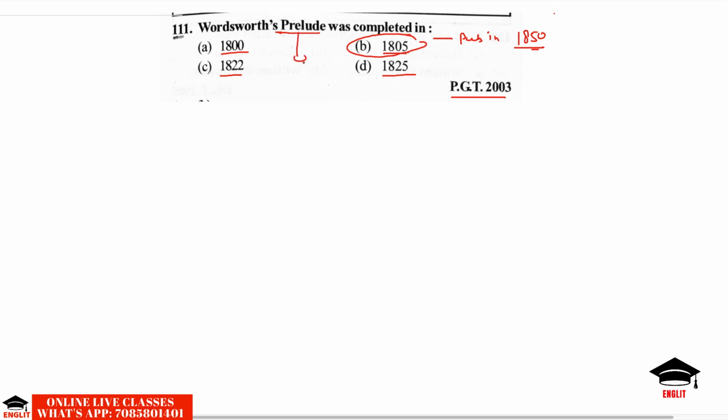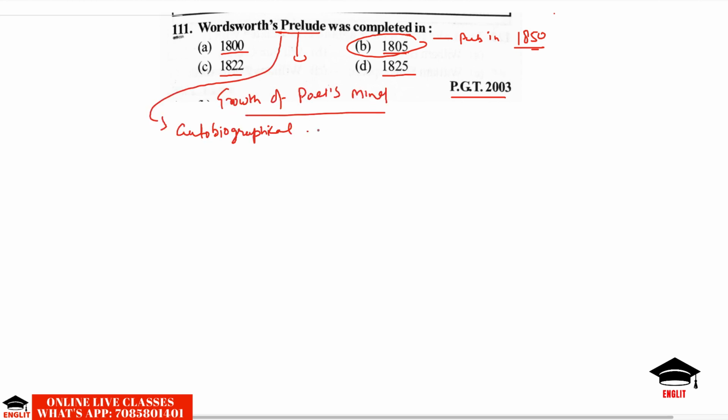Prelude is also called Growth of a Poet's Mind. This is the subtitle. This is autobiographical and it was written in blank verse and it is addressed to, this is an important fact, S.T. Coleridge. So there can be a question as to who was addressed in the poem The Prelude. So it is none other than S.T. Coleridge.